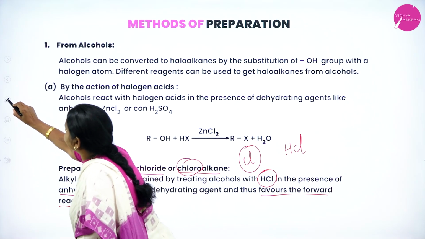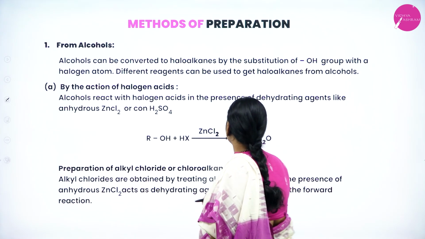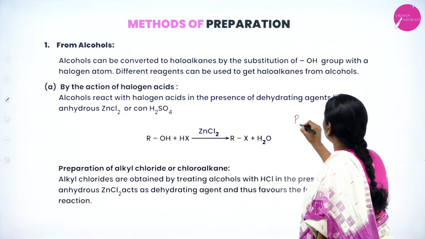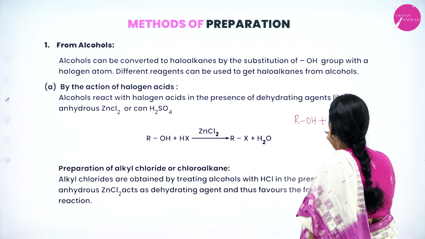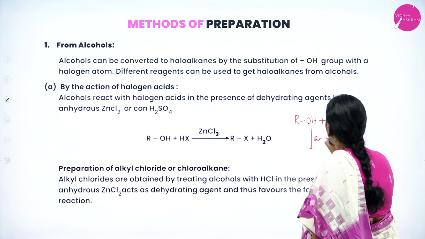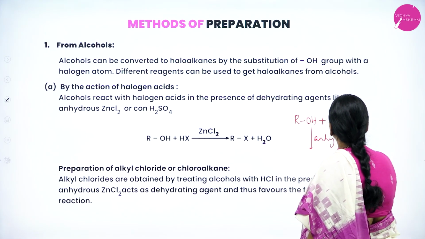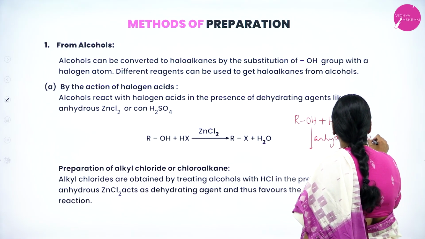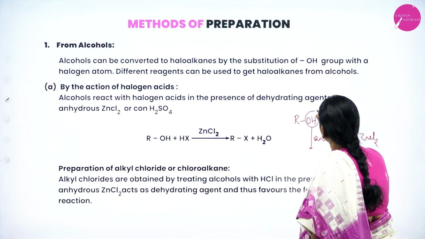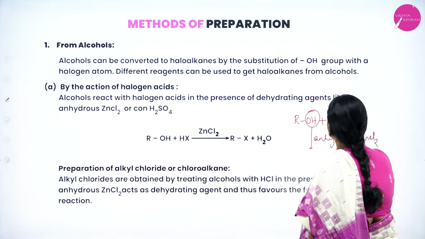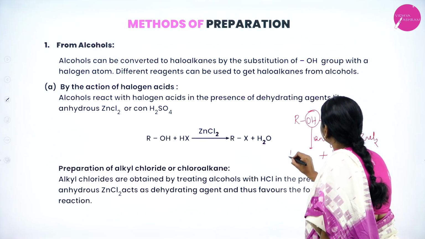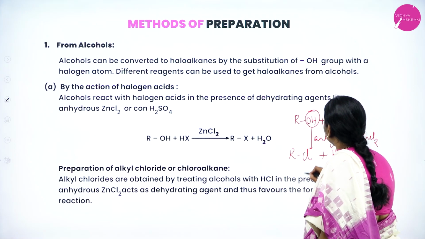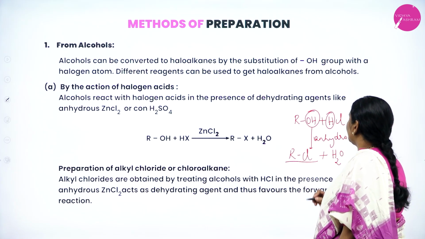We can write ROH, we are preparing chlorides, therefore HCl in the presence of anhydrous zinc chloride. Here OH must be replaced by Cl. Therefore, H and OH leave as water, and it becomes RCl. Alkyl chloride is obtained.